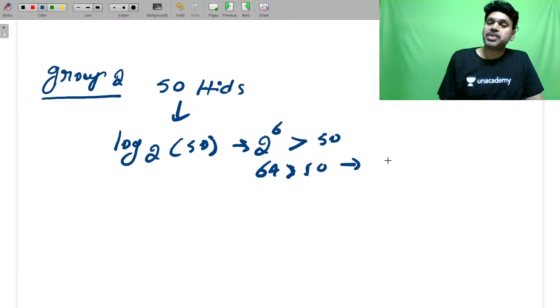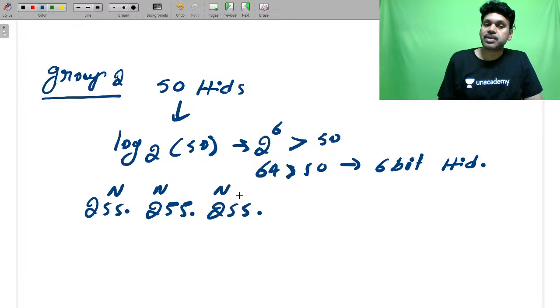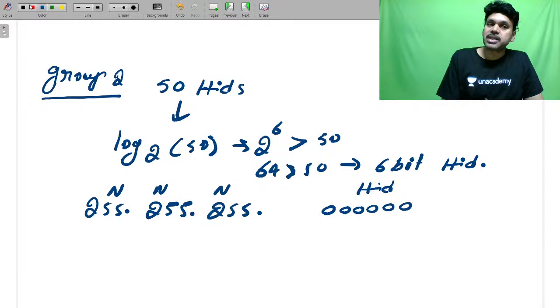Then I am taking a 6-bit HID format. Okay. Now let us write your mask. 255, 255, 255: these are all 3 NID. And you need to keep only 6 zeros in your HID part, and the rest of the 2 bits are going to be ones only.